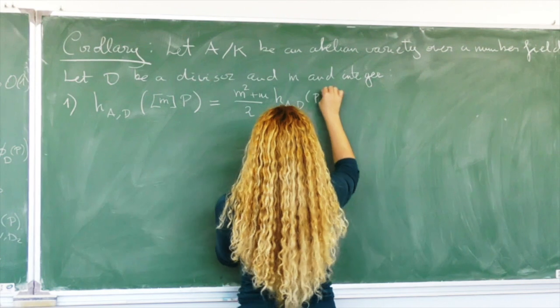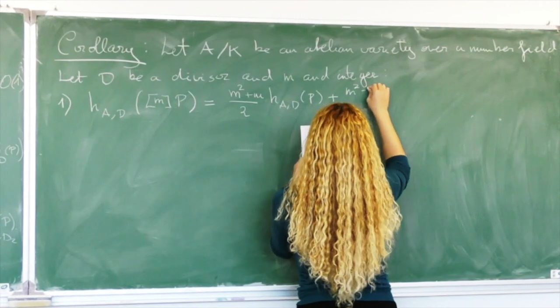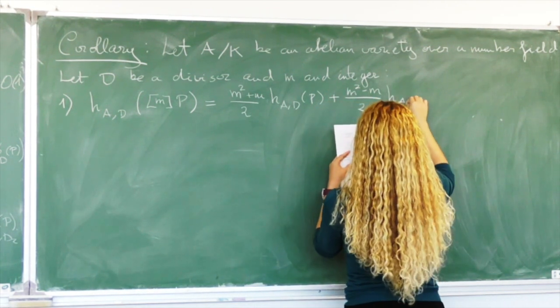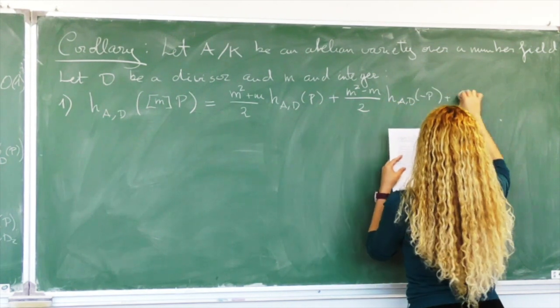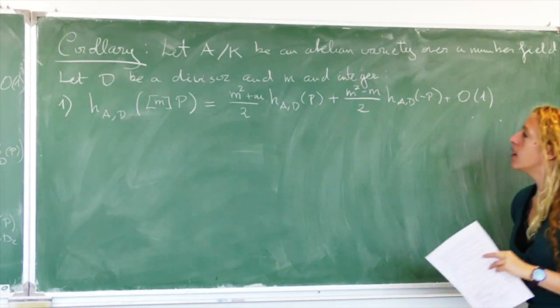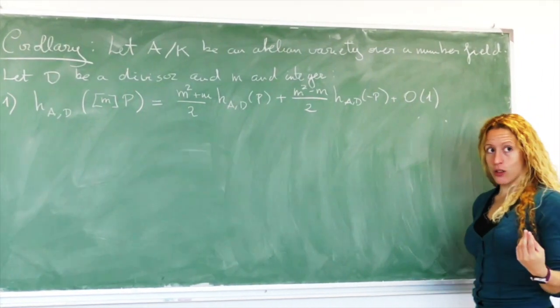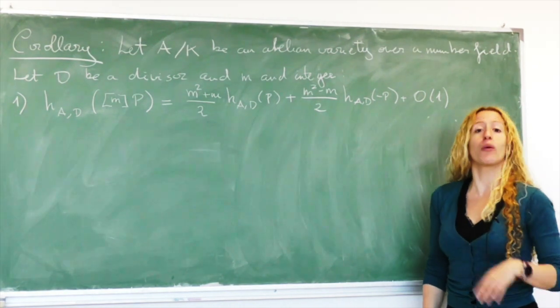Okay, I write it and then I explain why this is true. The idea is that on an abelian variety we have extra properties. It's a variety on which we have a group law, so we can add points.